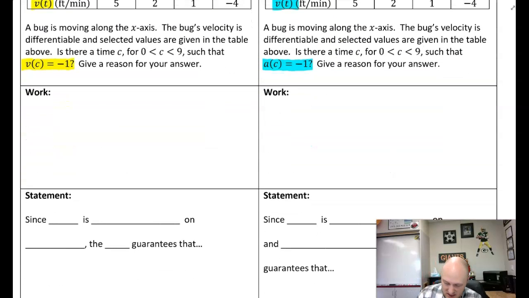Well, for the IVT, number 1, you need to state continuity. Okay? So v is differentiable, and therefore continuous.